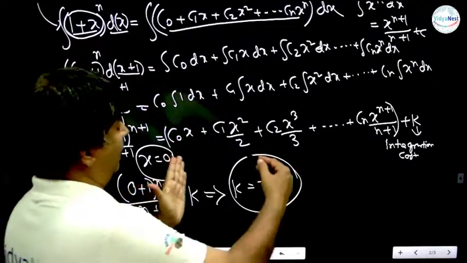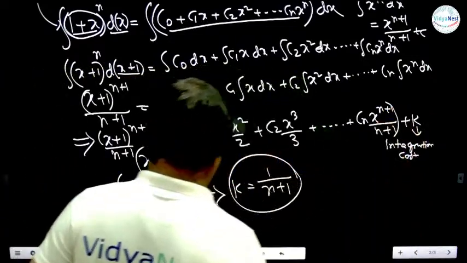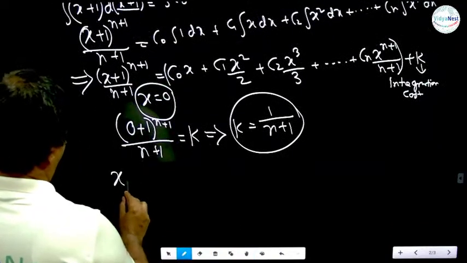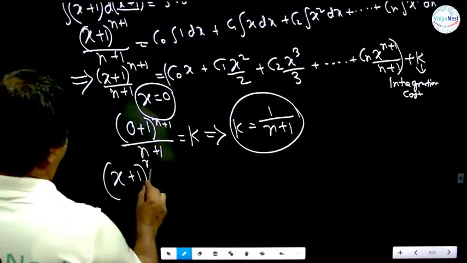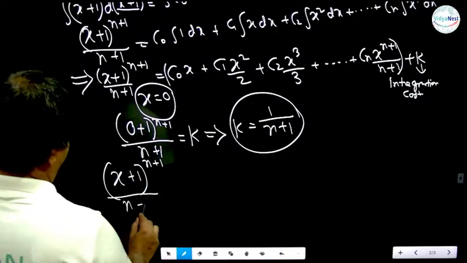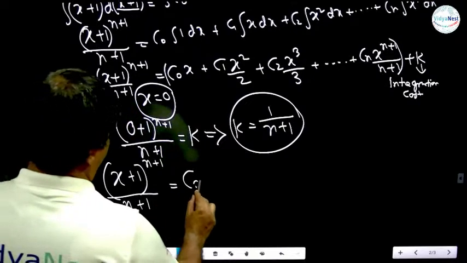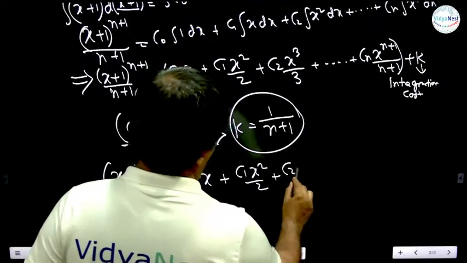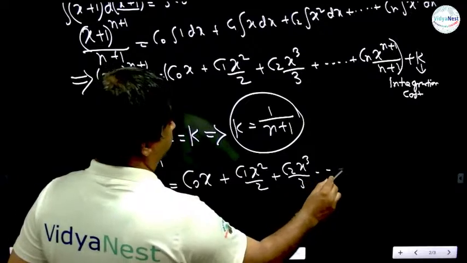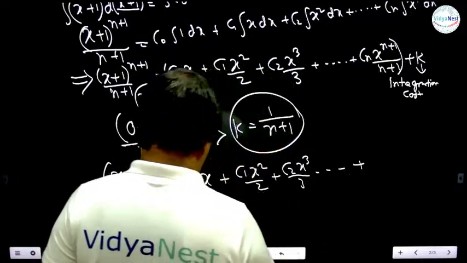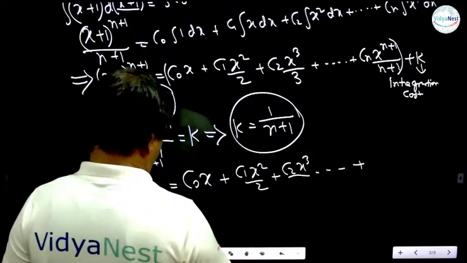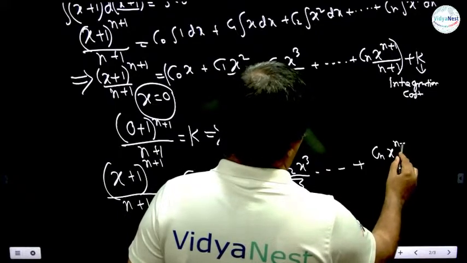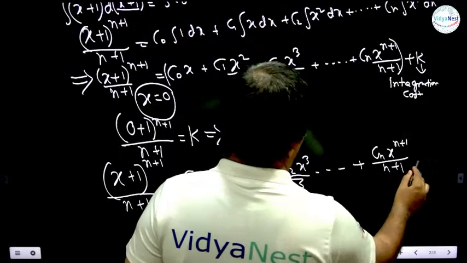Now that value will be dragged and put here. C0x, C1 x square by 2, C2 x cube by 3, Cn, what is k?